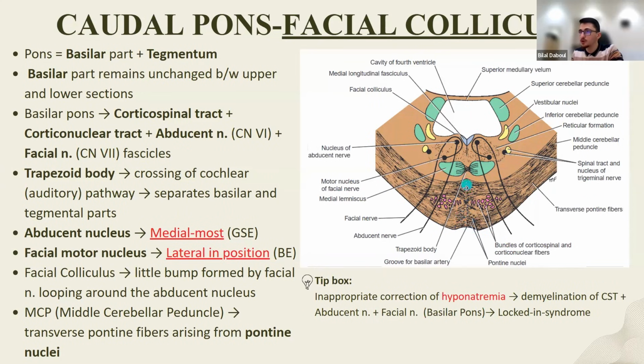These dots represent the pontine nuclei. Again, they correspond to a pathway that you don't need to know much about, but just know that the transverse pontine fibers, which give this striated appearance to the basilar pons, arise from the pontine nuclei and they go to the opposite cerebellar hemisphere through the middle cerebellar peduncle.